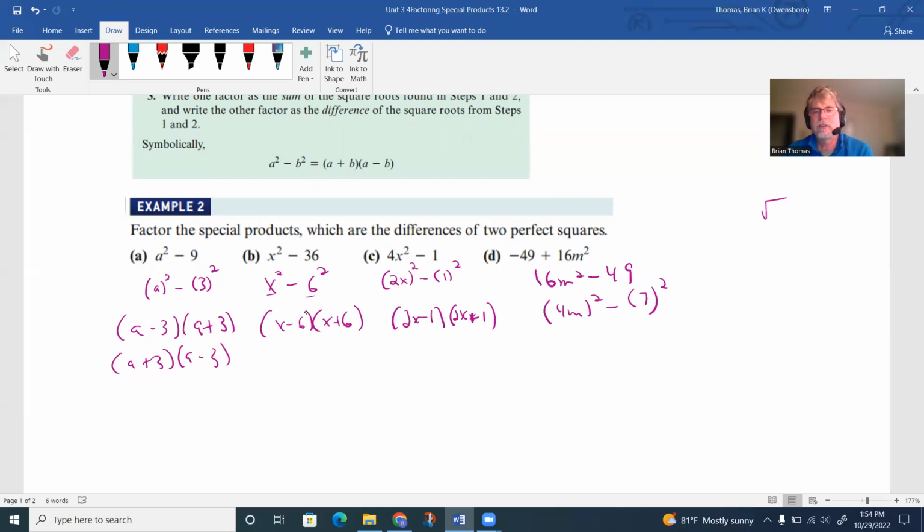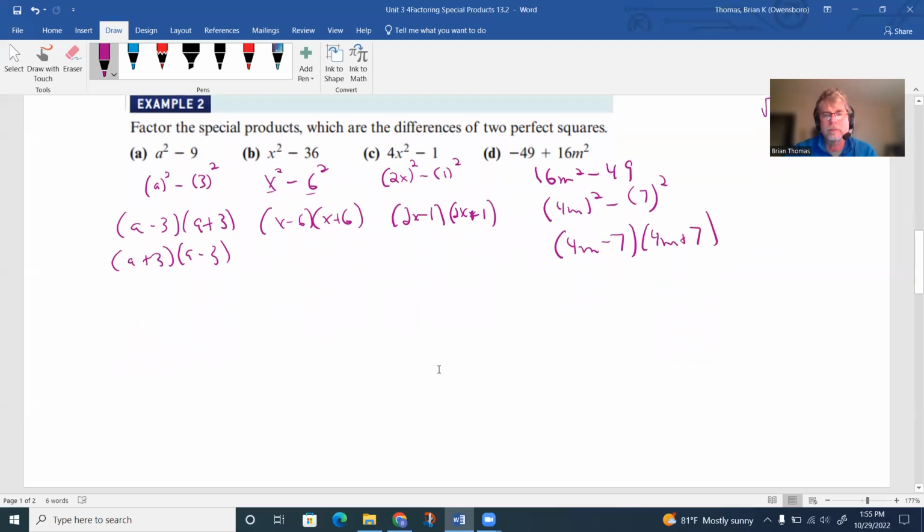So notice how this is a difference of squares. It is factorable. It factors into 4m minus 7 times the quantity 4m plus 7. And if you write it as 4m plus 7 times 4m minus 7, that's still correct. As long as one of them is plus and one of them is minus, that's what we call factored form.